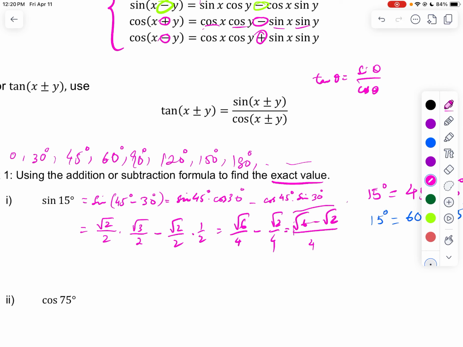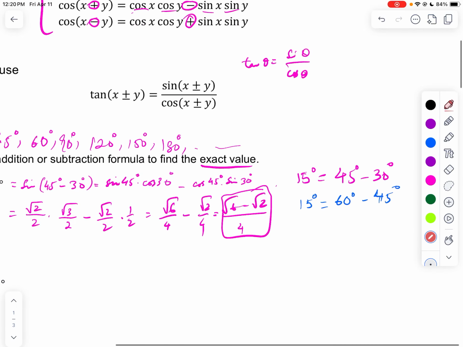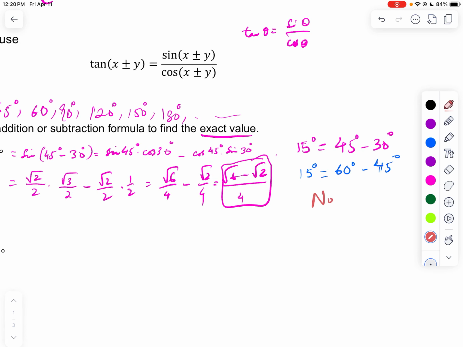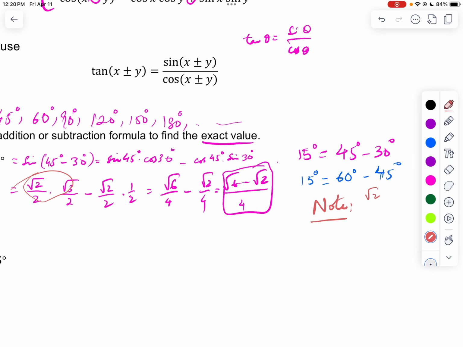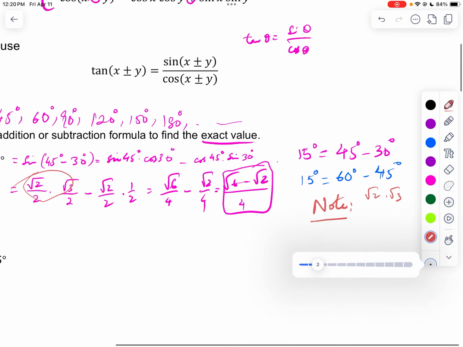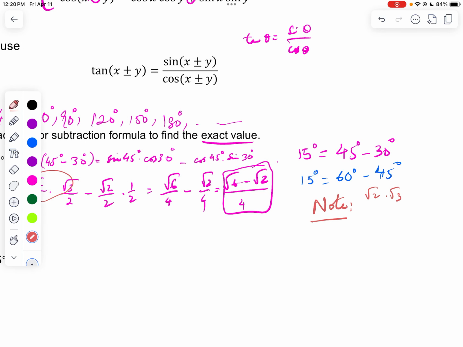Now note here, in this step, we saw square root of 2 times square root of 3, and we were able to write it as square root of 6.